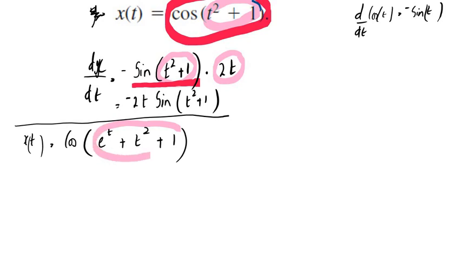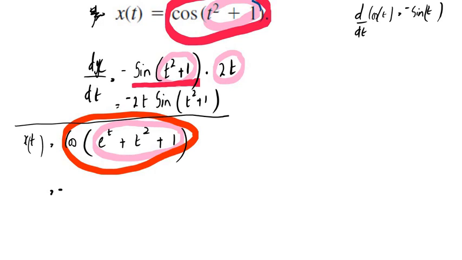So here the baby function is this, and the mother function is the outer shell. So first, we know the differentiation of the mother function. So we have minus sine. We keep the baby function as it is.